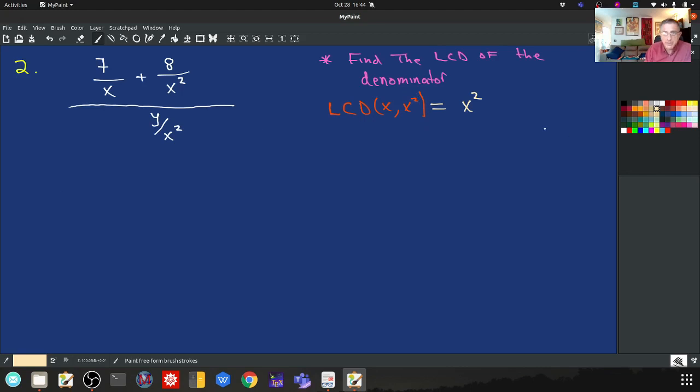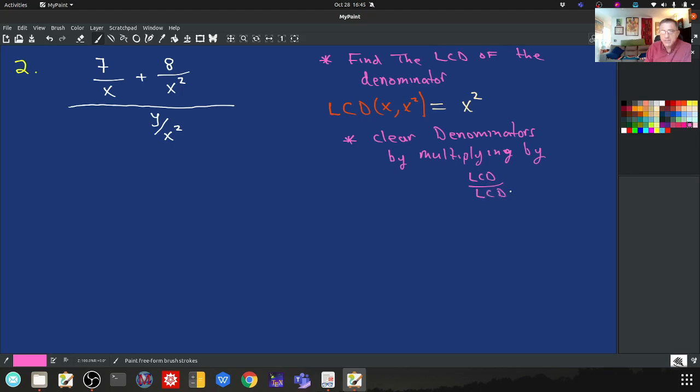So the next thing we're going to do is clear denominators. And by that I mean the denominators in this top expression and also in the bottom expression, by multiplying by the LCD divided by the LCD.